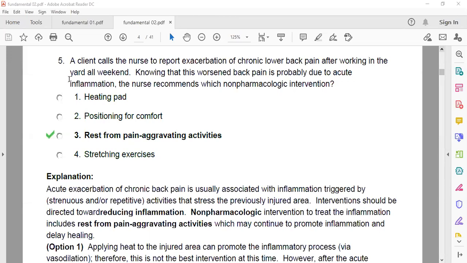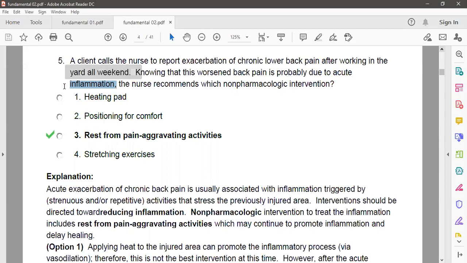So you see the keyword here, inflammation. Inflammation in the medical or nursing field will come again, and you should have a very transparent and clear idea about inflammation. Inflammation is basically a Latin word, inflammatio, but it is a very complex response of the body tissue when body tissue is exposed to any stimuli.